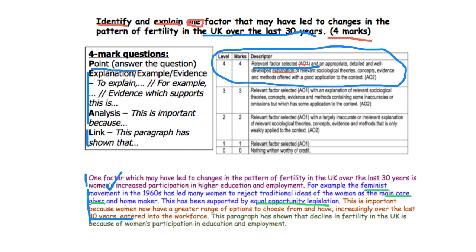We're using all this sociological language here as well. And we're making sure it's correct. We know that the second wave feminist movement was in the 1960s.